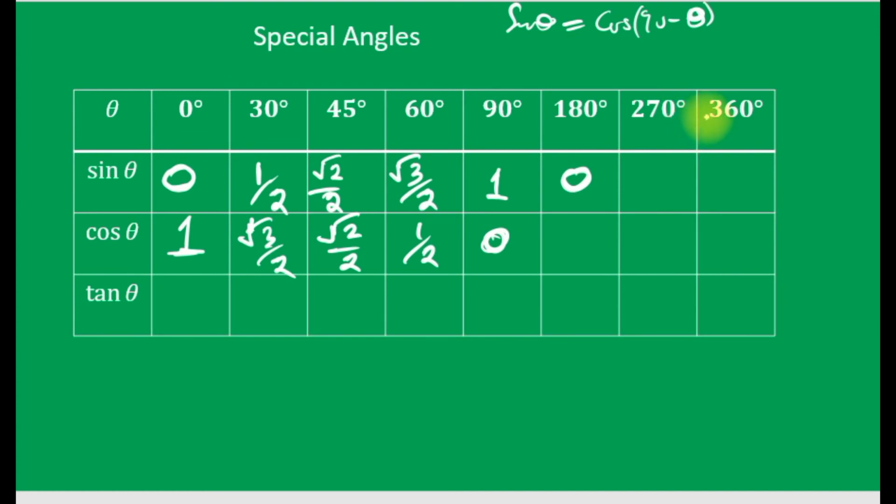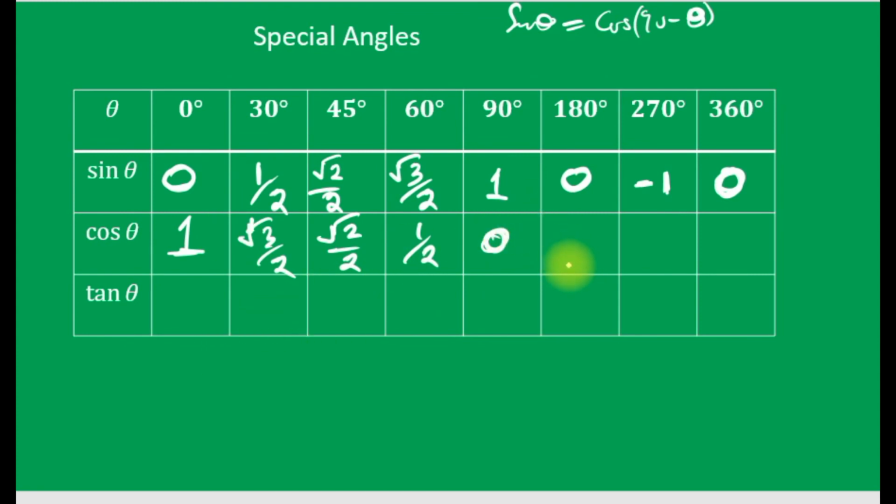Sine 270 is in the third quadrant, so we subtract 180. 270 minus 180 is 90. But in the third quadrant only tan is positive, so sine is negative. So we have minus sine 90, and sine 90 is 1, so we have minus 1. Again, fourth quadrant, 360 minus, so 0 and this, you have the same value.